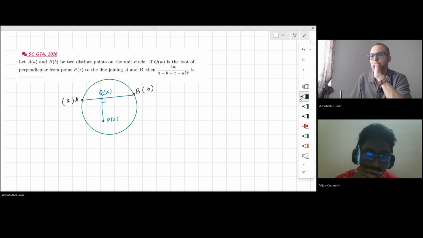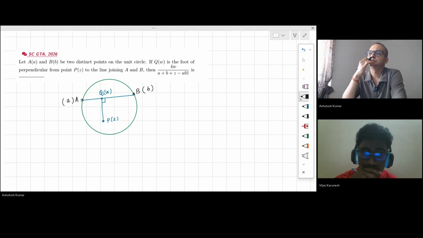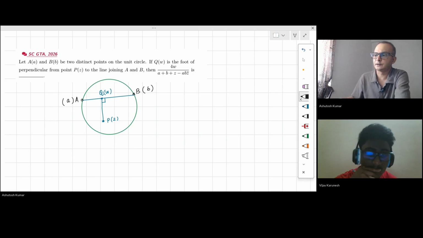But also one thing you notice, suppose I'm taking any general point on this line. If I take any general point on this line, what do we write for that? Let me just rephrase it.